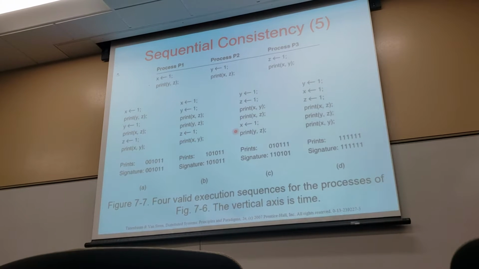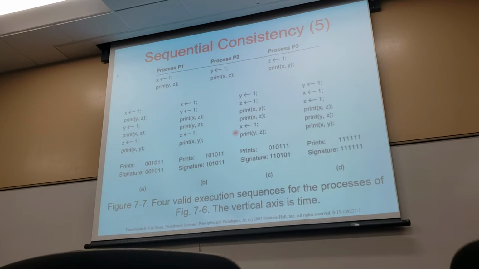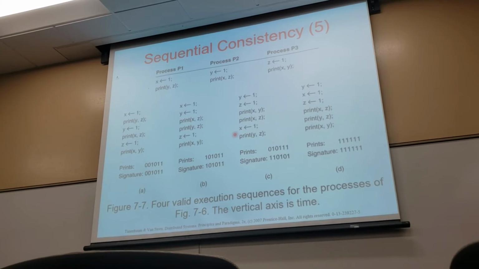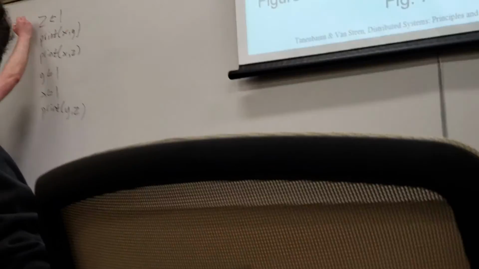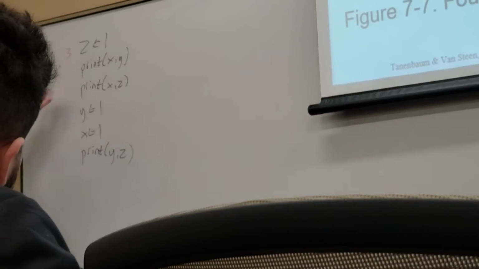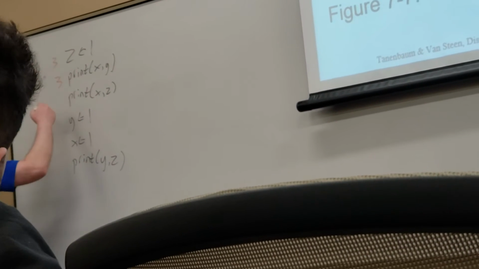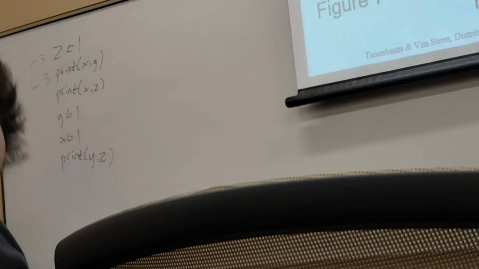Yes, no, maybe, sort of, what's wrong with it? The Y should be before the print XZ. Okay, so what's happening here? Z1, that's the first operation from process P3. Print XY, that's the second operation from process P3. Those two things are in the order specified by the program, good to go, no issue there.